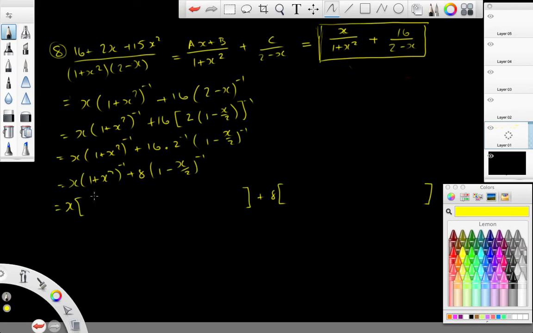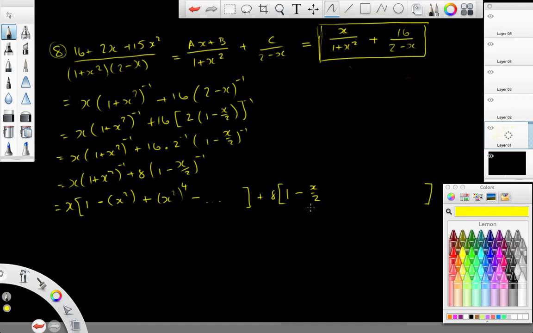Right, 1 plus x squared to the minus 1 is going to be 1 plus n, which is minus 1, so minus x squared, and then plus minus 1 times minus 2 is plus 2 over 2, that gives us 1 again, times x squared to the power of 4, and then minus x to the power 6. Then plus 8 times 1 minus n times x.